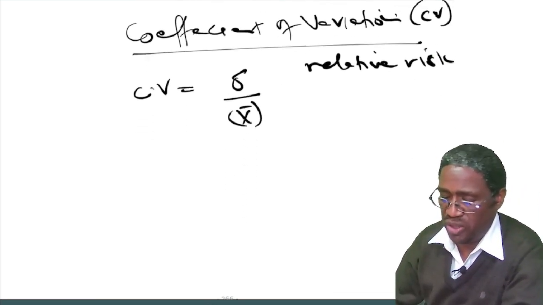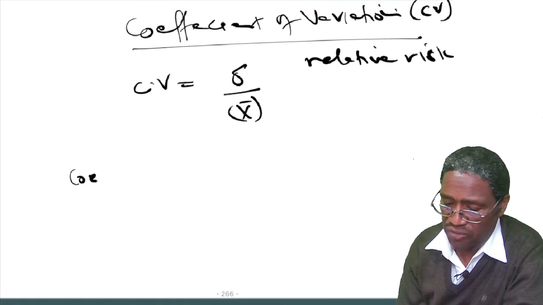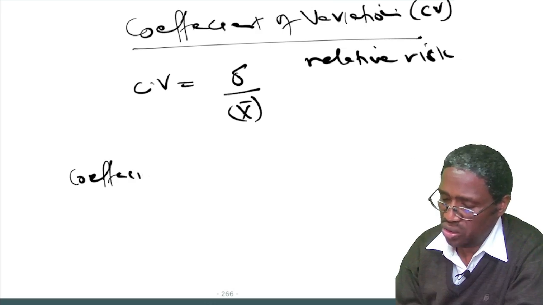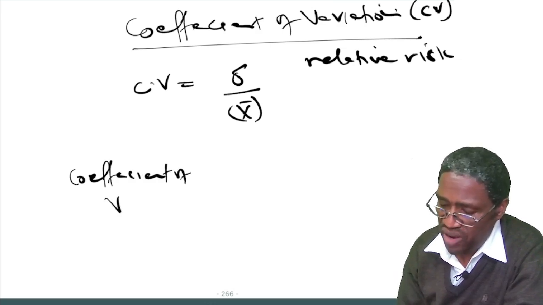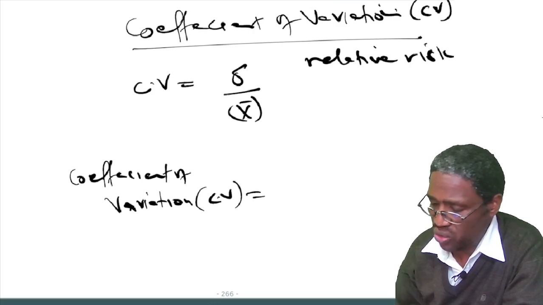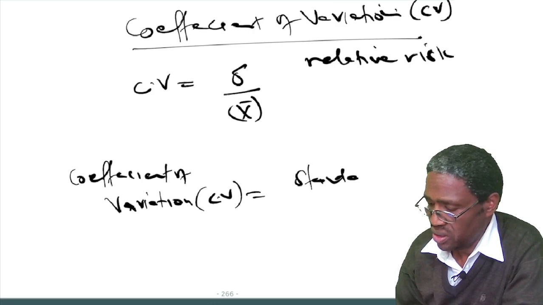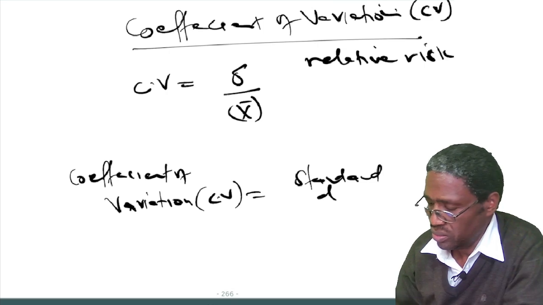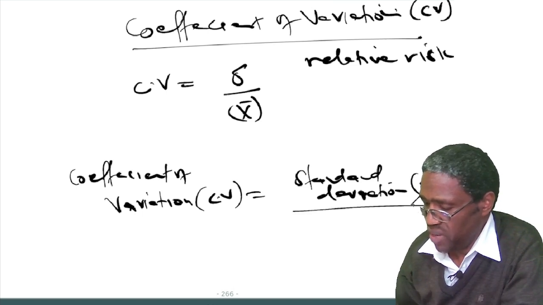Then copy the formula in full now. You can say your coefficient of variation, and put in bracket CV, is equal to standard deviation, theta, divided by mean x bar.